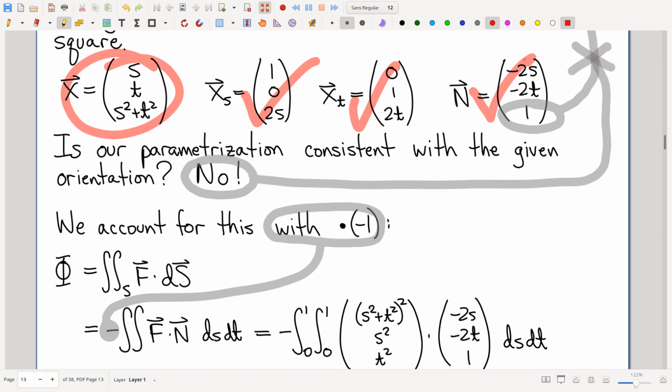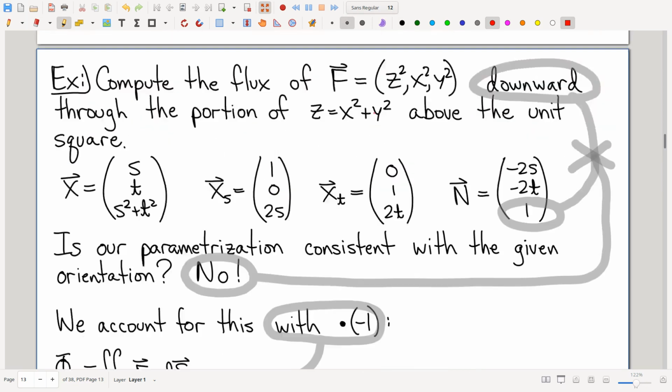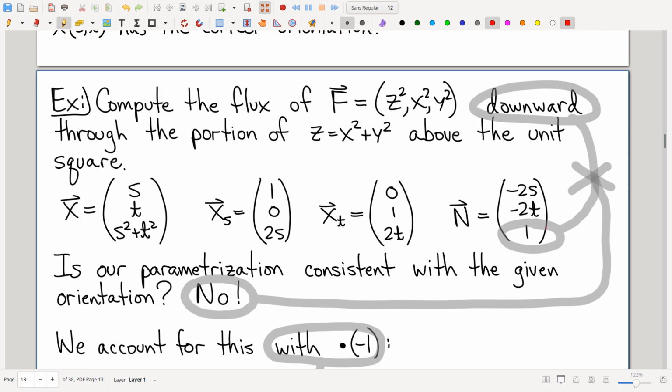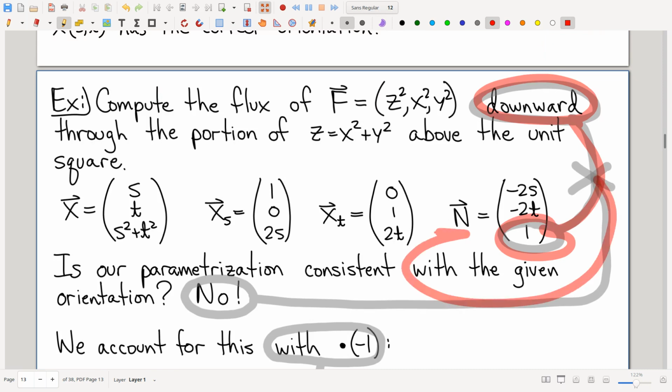So what you can't do, and it would be a mistake to do, is notice this inconsistency and then put a minus sign inside of your formula for the normal vector. Like if you were to just stick a minus sign right there, no, you can't do that. Capital N is defined as x_s cross x_t.